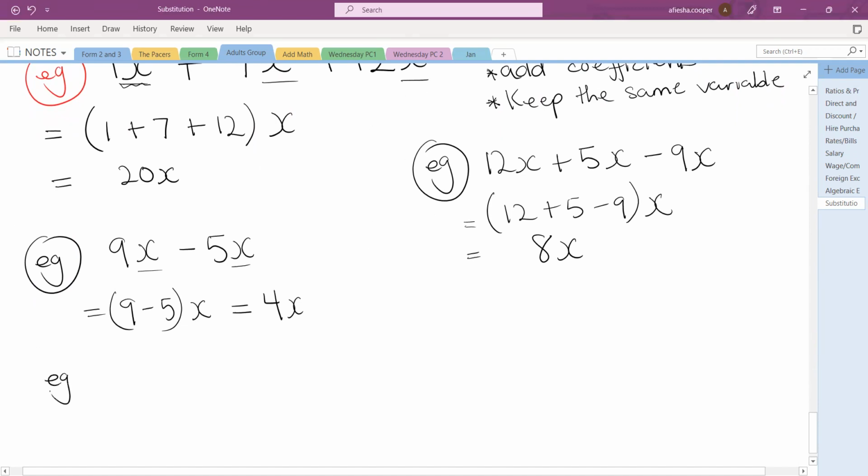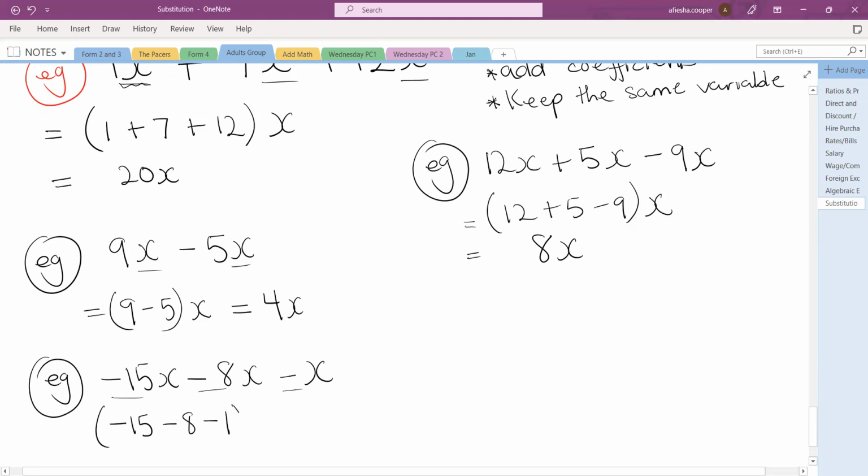Example. If I have negative 15x minus 8x minus x. Again, brackets, I put my negative 15. So anytime you see a sign in front of a number, it is associated with that number, right? So negative 15 minus 8, this will be minus 1. Yeah, we have to put in that 1 even though it's not there, right?